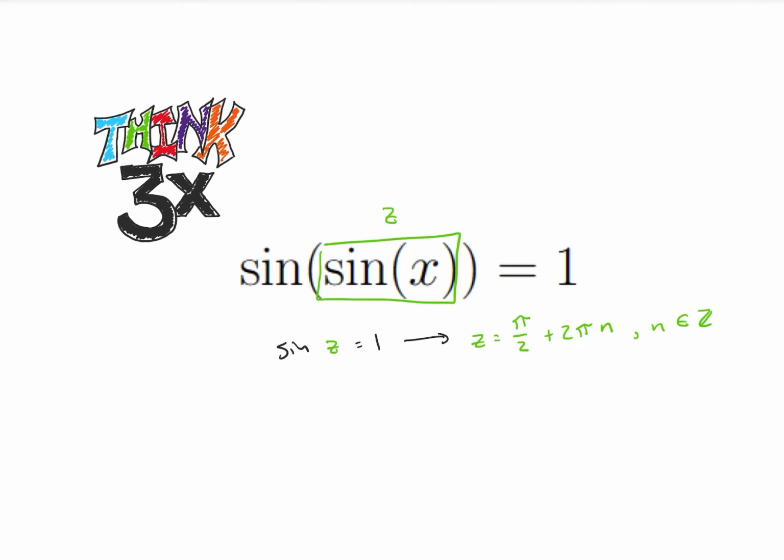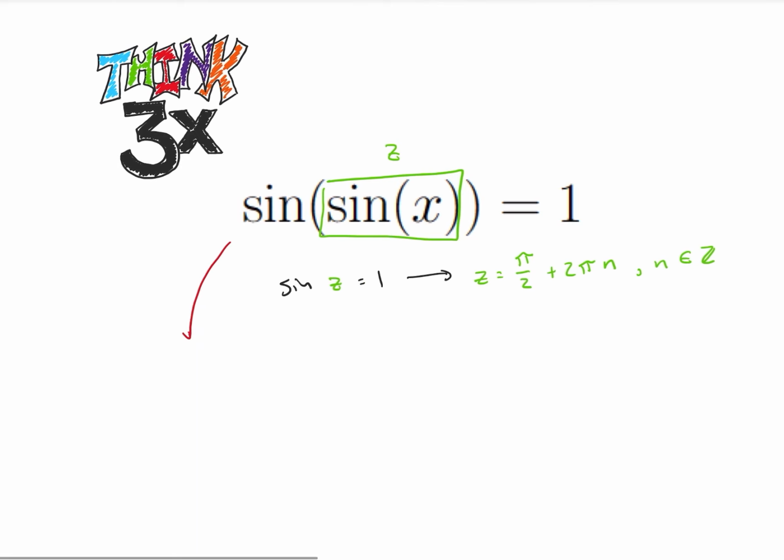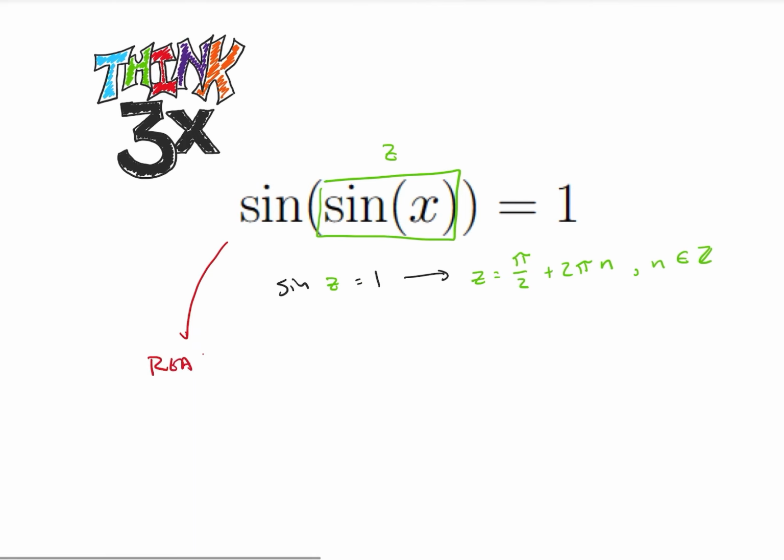Why is this a problem? Well, in the real world, in real numbers, we have sine of x equal to some number, and whatever that's equal to, I know that it's going to be bounded by 1 and negative 1. So what's the problem?